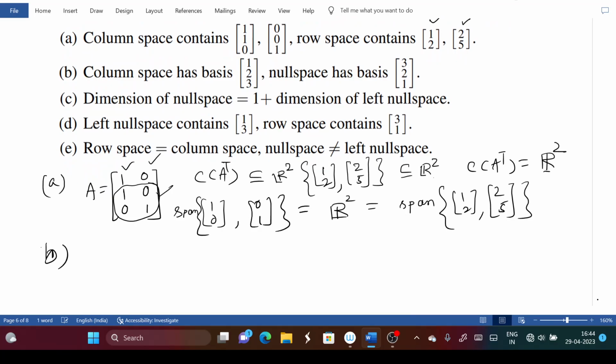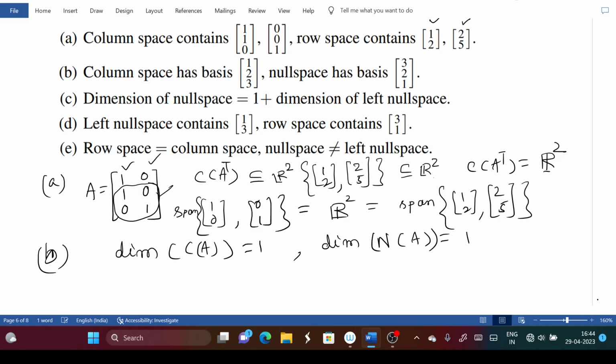Next is B. Column space having this basis and null space having this basis. Now the column space has a one-vector basis. Then dimension of C of A is equal to 1, and dimension of null space is equal to 1.